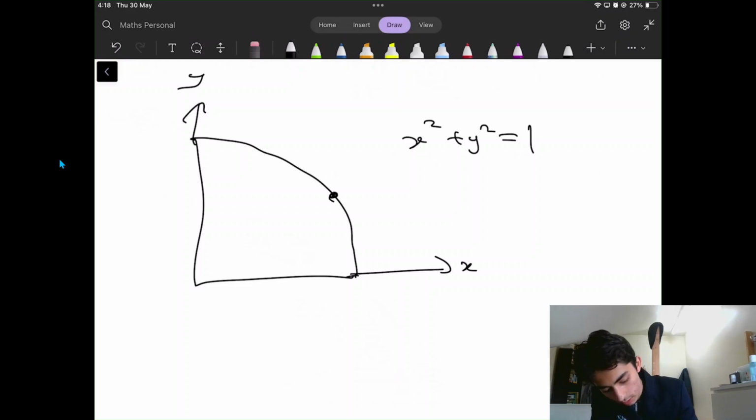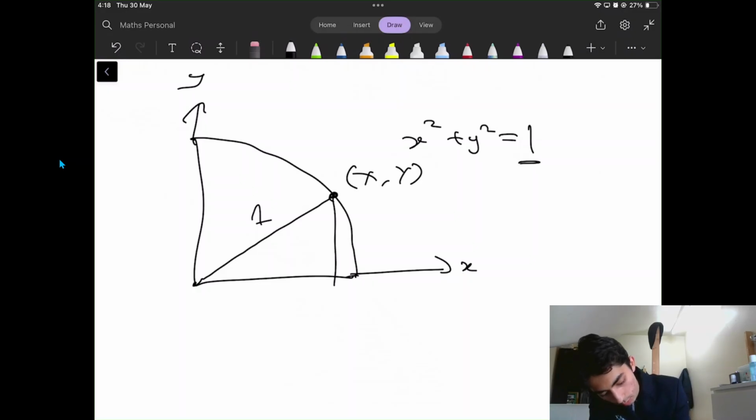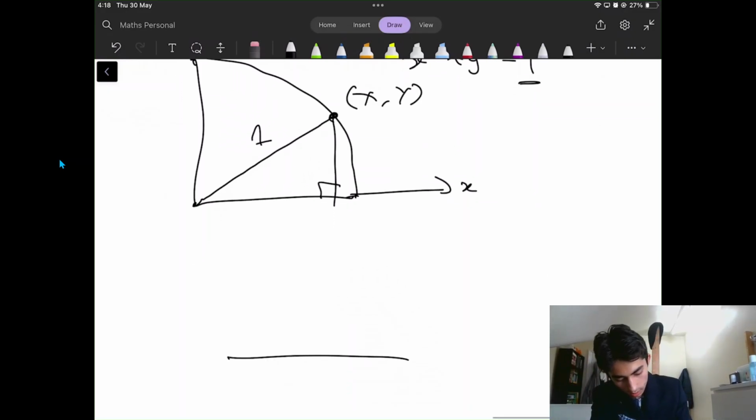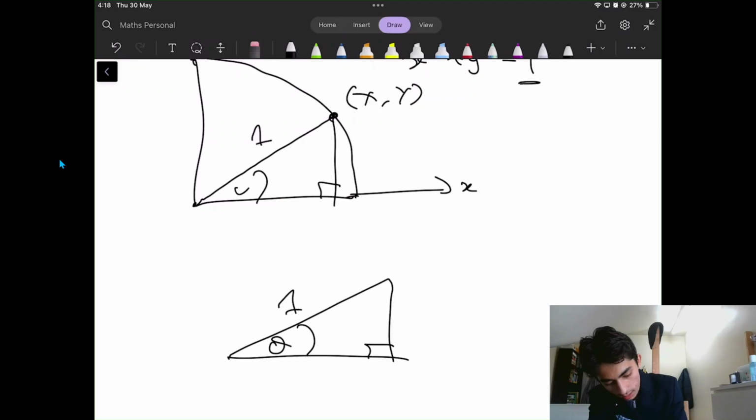Let's pick a point on this unit circle, and let's call it xy, right? Of course, the radius of the circle is 1, so the length going from the origin to that point is 1. We can create a right-angled triangle like so, where the hypotenuse is 1, and then let's label this angle theta.